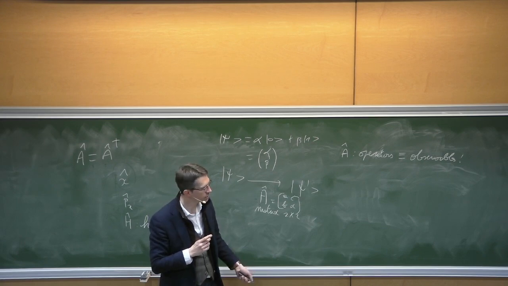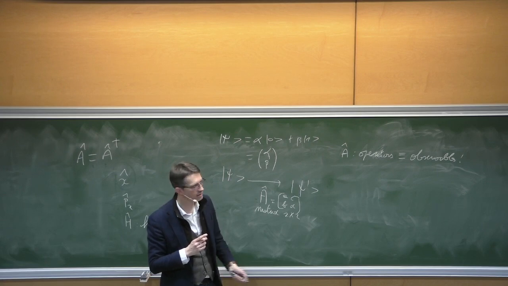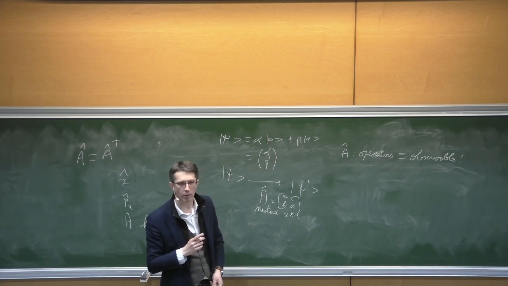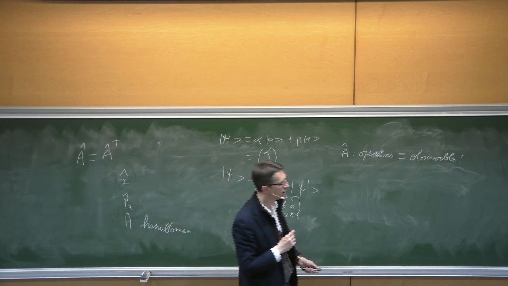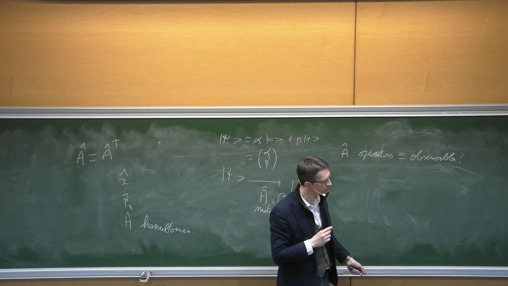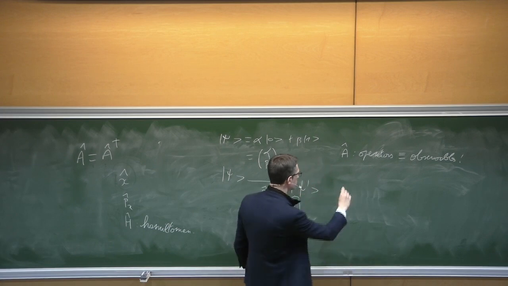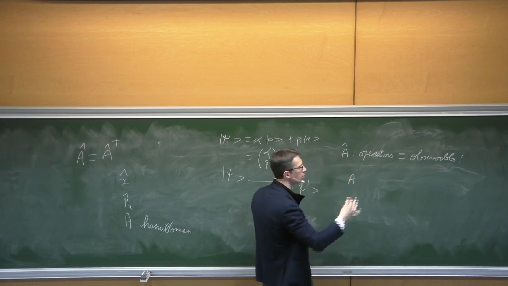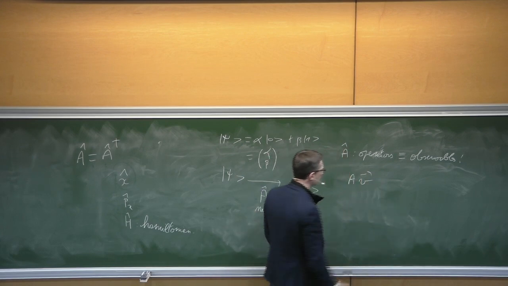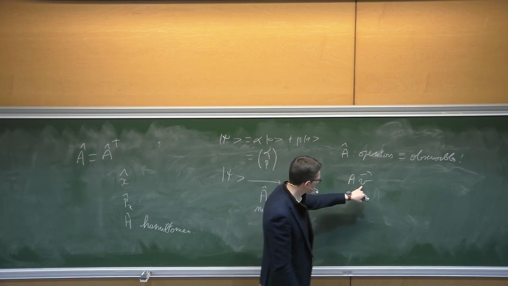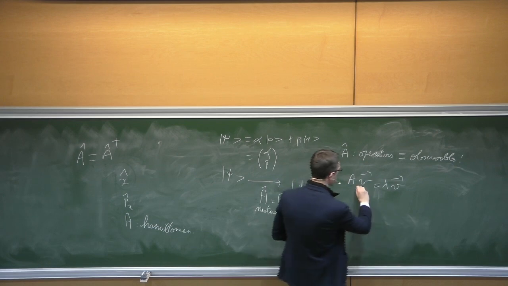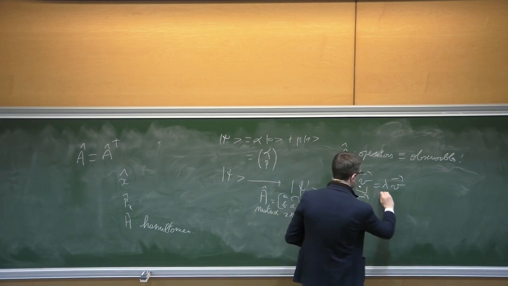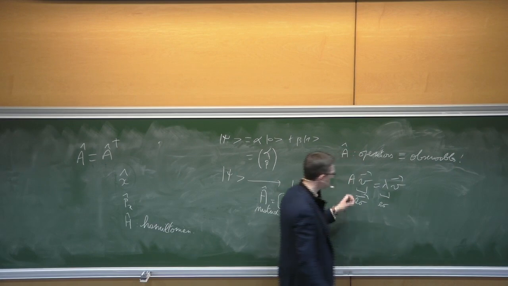So for the French speakers, I put the translation of eigenvalues, eigenvectors, so valeur propre and vecteur propre, because they're very far from being the equivalent of what we have in English. And so in classical algebra, you would look into your matrix and find out what are the eigenvectors and the eigenvalues of your matrix.